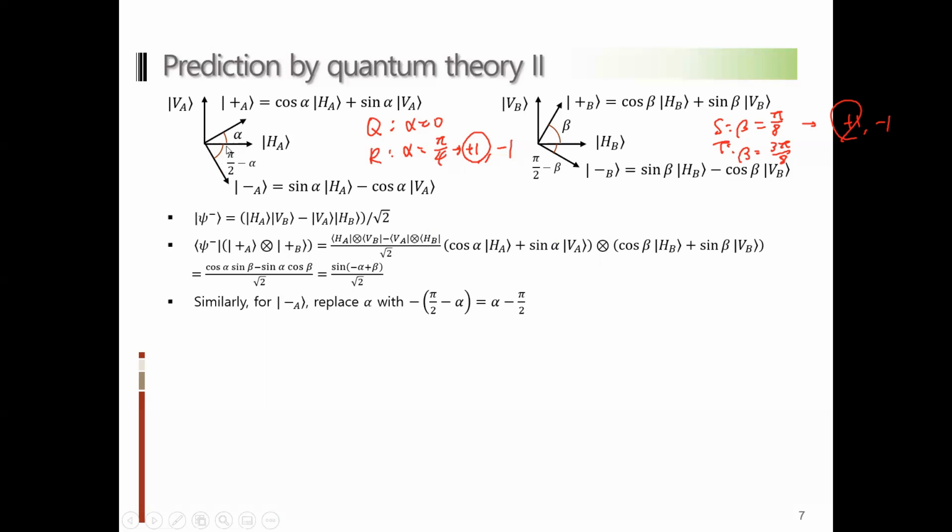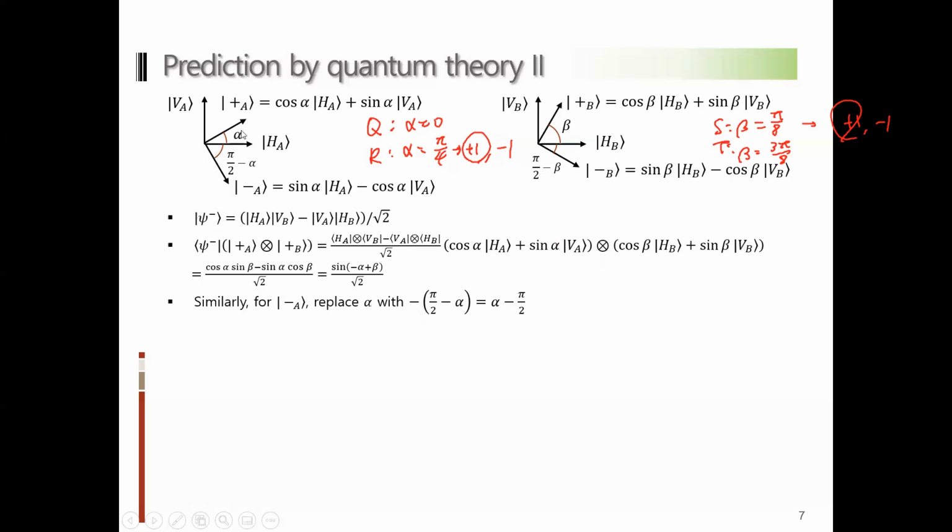The expression between these two differs only in that instead of having alpha here, I replace it by minus pi over 2 minus alpha. The reason we have the minus sign is that here I'm just showing the magnitude, but because it is the opposite direction, I have to have the minus sign here.